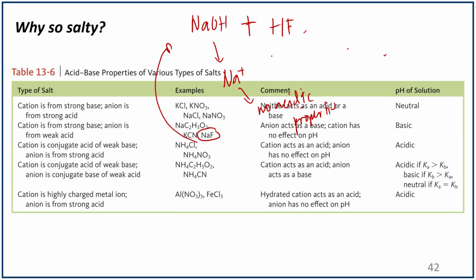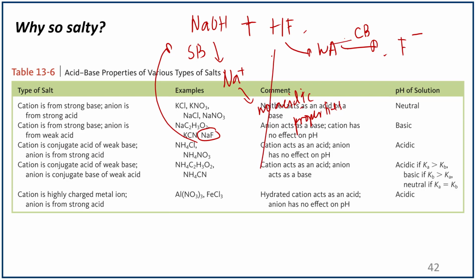Now on the other hand, hydrofluoric acid is a weak acid, and its conjugate base, the fluoride ion, is also a weak conjugate base, but I can tell you that the fluoride ions there can actually abstract a proton.